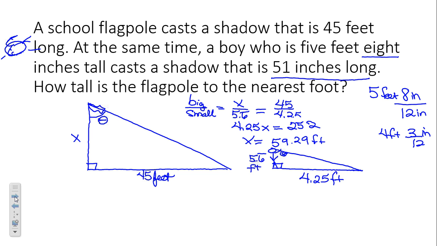An Empire State Building would be difficult because it would be hard to see where that shadow actually falls or where it ends. And even in a redwood forest, it would be difficult because there are so many other trees around it. But they do use these similar triangles when they're trying to find the width of a river or how wide a lake is, especially when they can have a line of sight with trees out.